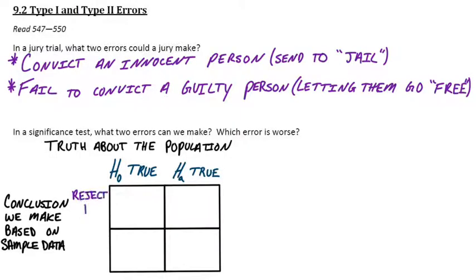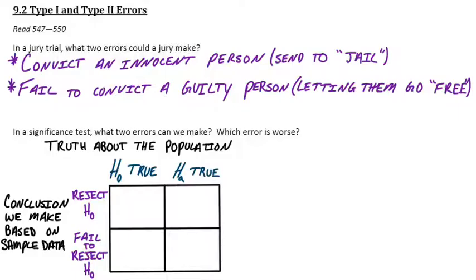We can either reject the null hypothesis, which favors the alternative hypothesis, or we can fail to reject the null hypothesis. Those are the only two conclusions we can make. And notice they're both in terms of the null hypothesis. It's almost like guilty, not guilty.